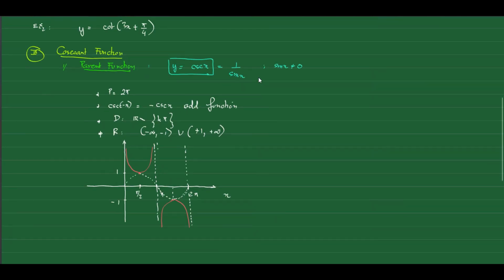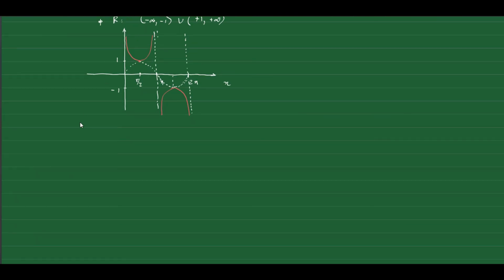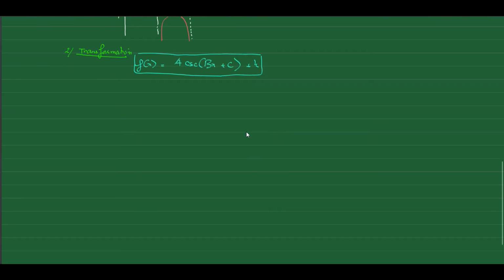Now for the transformation. We're going to have f of x equal to a cosecant of bx plus c, plus k. We already know what a, b, and c mean, so it's the same as any other function. So I'm going to go straight to the example.